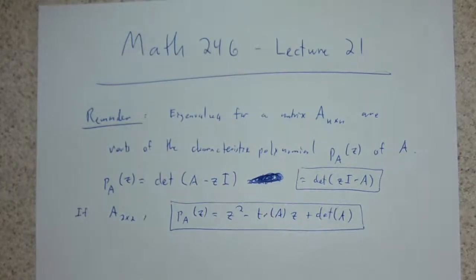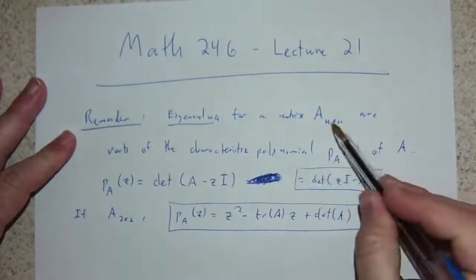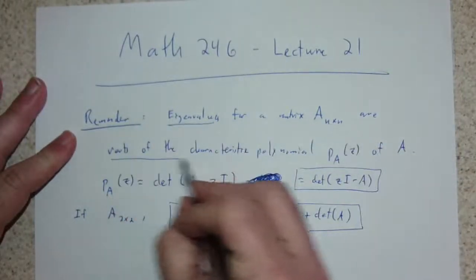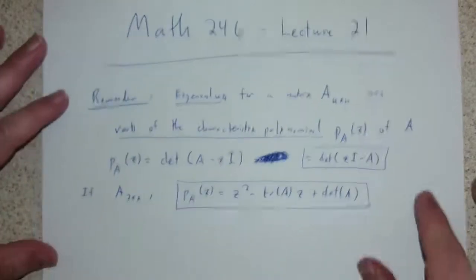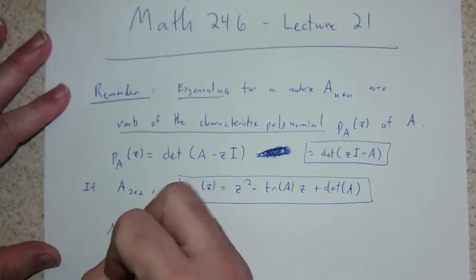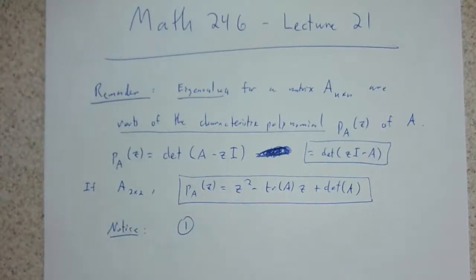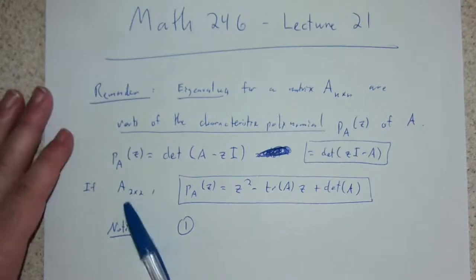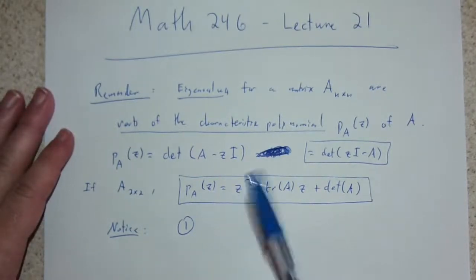So a couple of facts directly from this. Since eigenvalues for a matrix A are roots of some polynomial, notice a few facts. One, in the case that A is a 2 by 2, this polynomial is a quadratic, so it's a degree 2 polynomial.